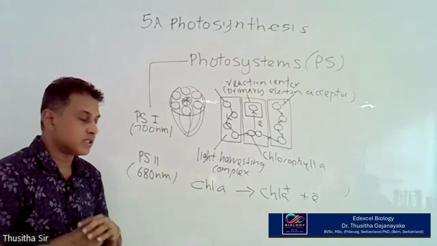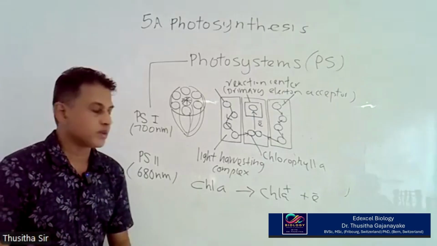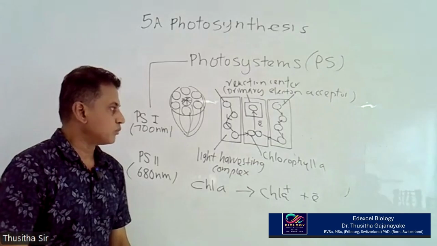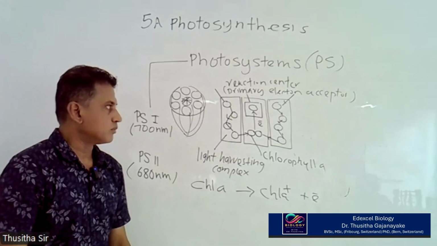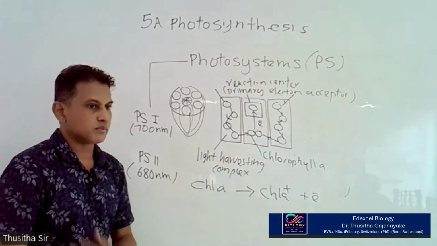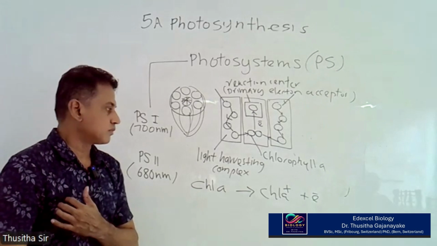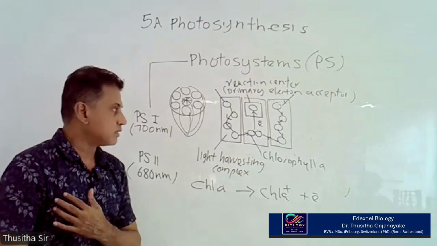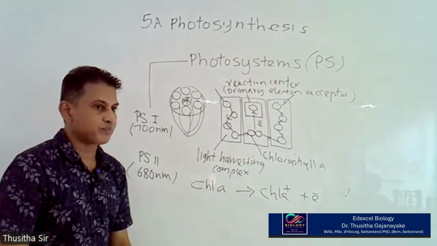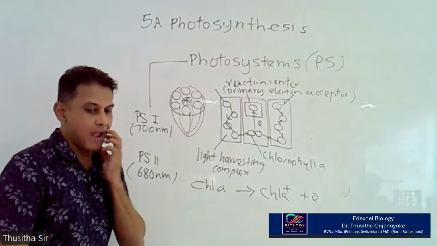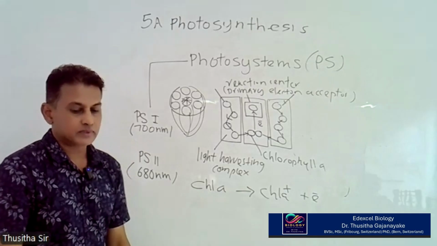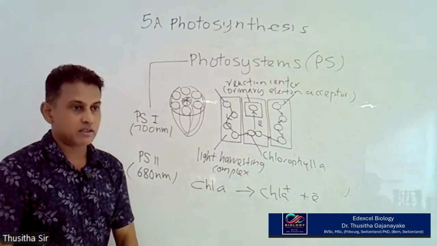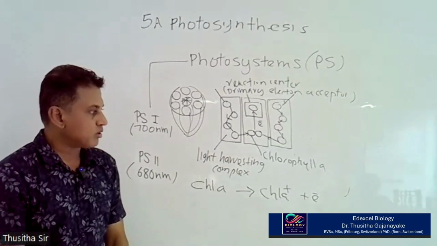They have a light harvesting complex which absorbs light and passes the energy to chlorophyll A.